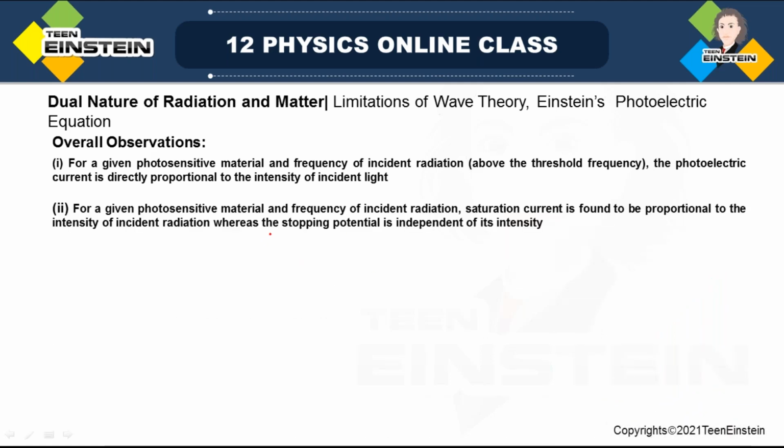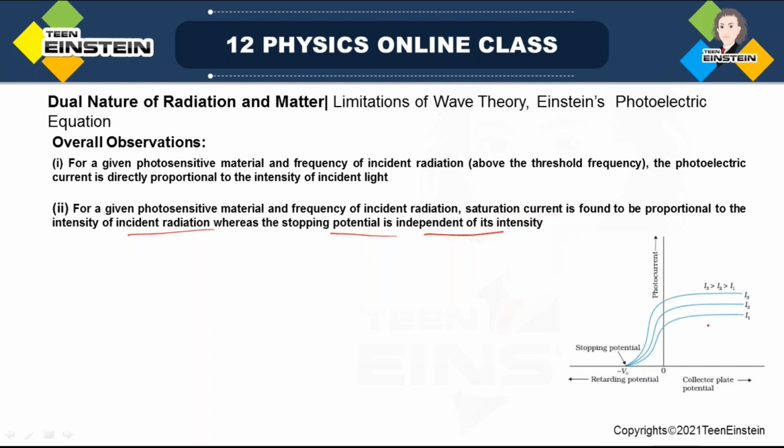Then the second observation was that for a given photosensitive material and frequency of incident radiation, saturation current was proportional to the intensity of the incident radiation, whereas the stopping potential, or in other words the maximum kinetic energy, was not depending on intensity; it was independent of intensity. You can look at this figure.